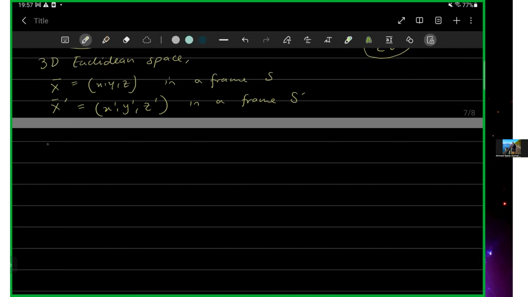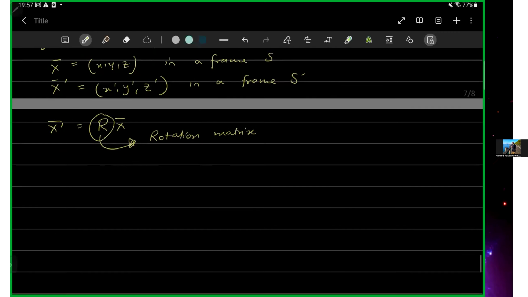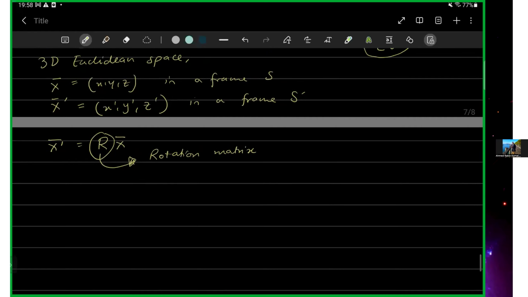In that case, you can relate x prime with x via a rotation matrix, right? And this rotation matrix is basically what will mix the components, right? x, y, z, and so on.